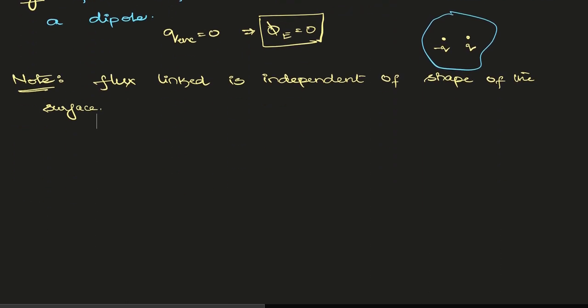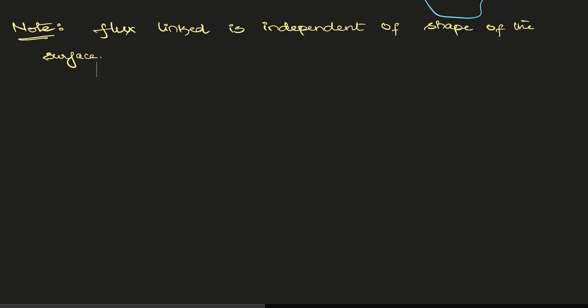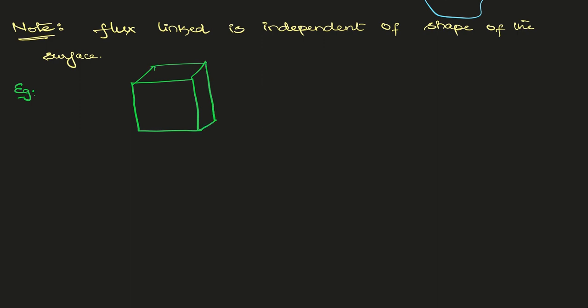If we know this point, we have some simple examples based on this. Just look at this first example. If you are given like this, there is a cube, or there is a sphere, or there is a cylinder, and there is a charge placed inside this.